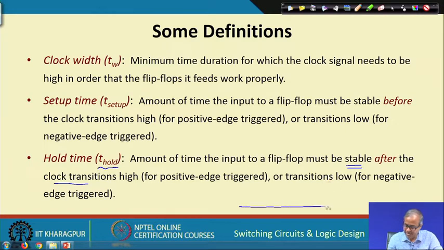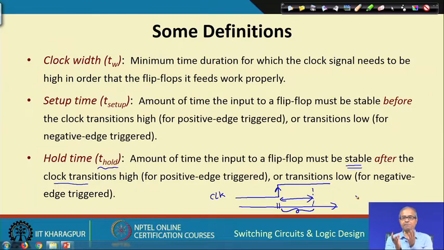So, again in the axis of time, let us say my clock is positive edge triggered, and my clock comes here at this point in time. What is the minimum duration I must hold my input stable after this? Let us say this much, and this duration is my T hold, my hold time.